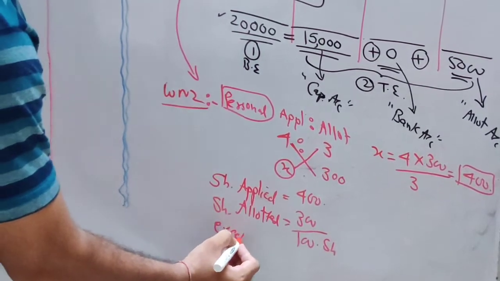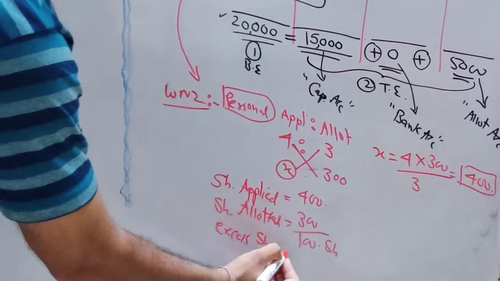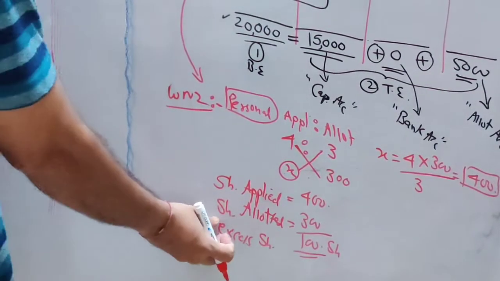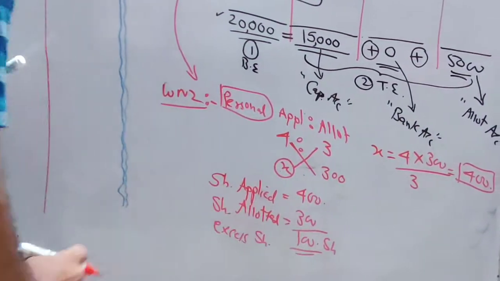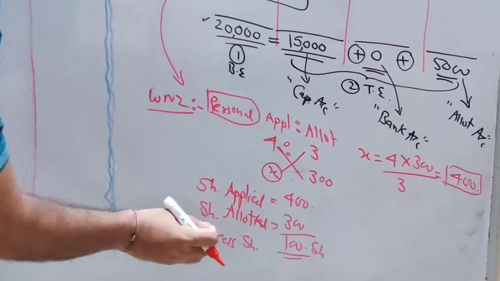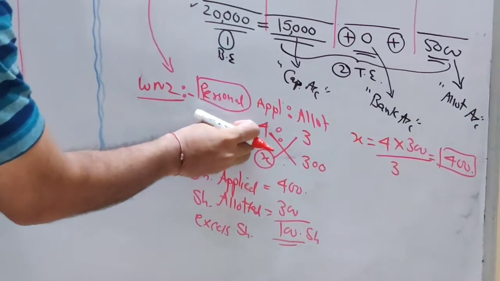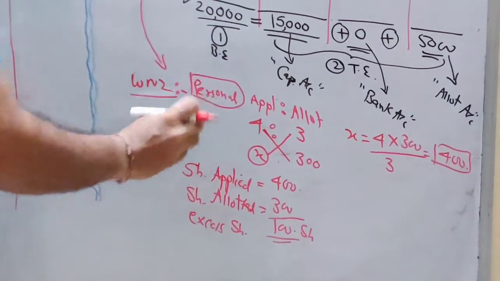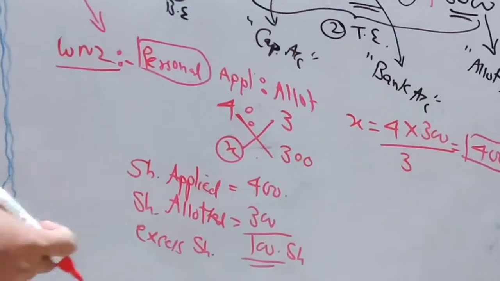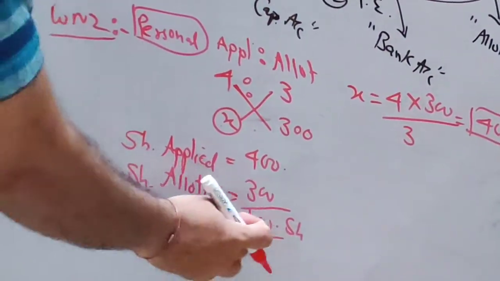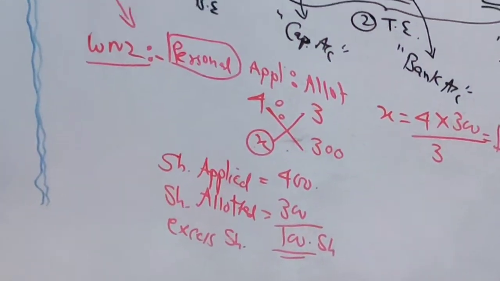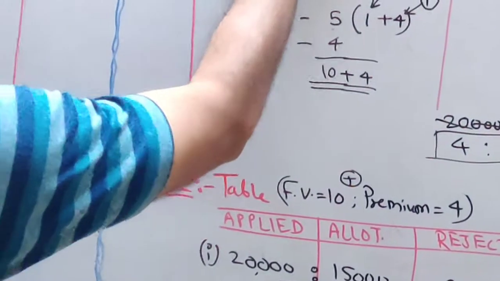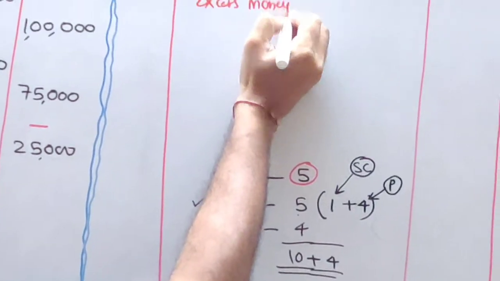So how many extra shares? I am writing this as excess shares. So how many excess shares are there for Mr. Ashutosh? 100 shares. I found this with the help of the pro rata ratio. I hope you have understood till here. Now after getting the excess number of shares, you can find the excess money which is with the company.